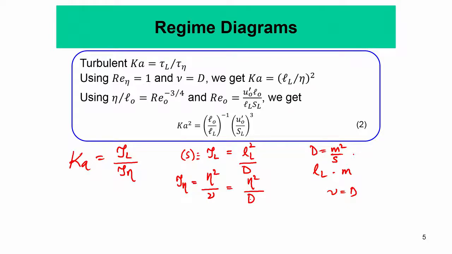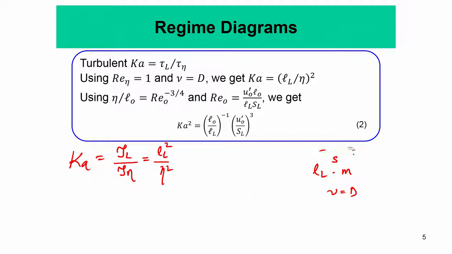So, then this becomes nothing but LL square by eta square. It just becomes simple LL square by eta square.